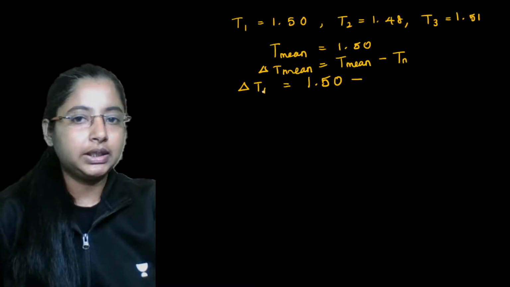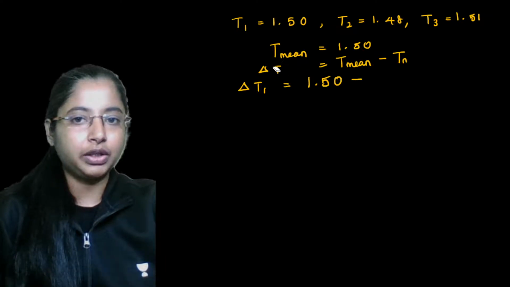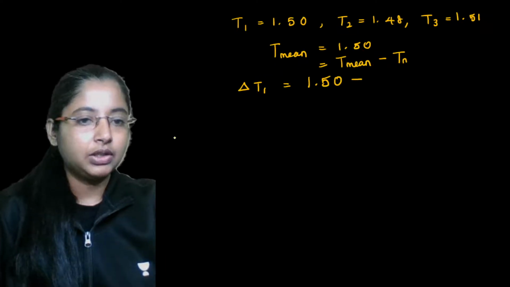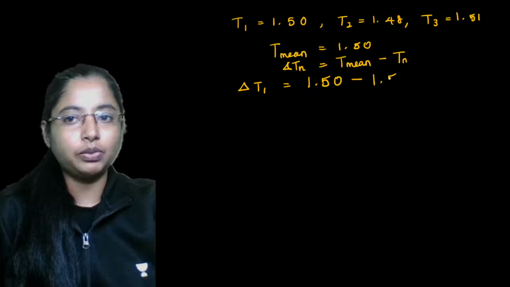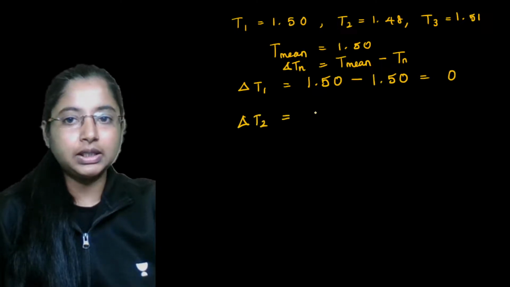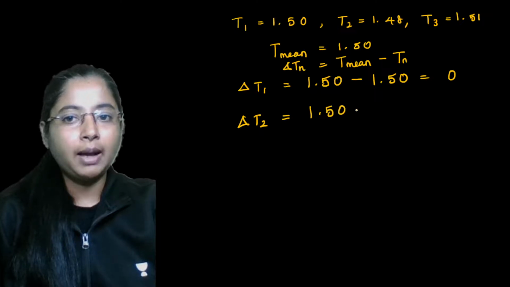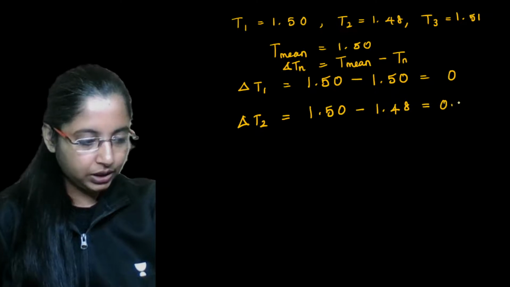Individual terms we want to find, so I'll write it as delta Tn. So delta T1 is 1.50 minus T1, which is 1.50, so this is 0. Now, delta T2 is 1.50 minus 1.48, which is 0.02.